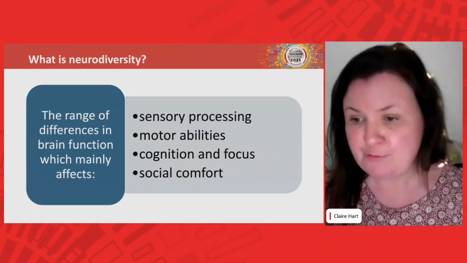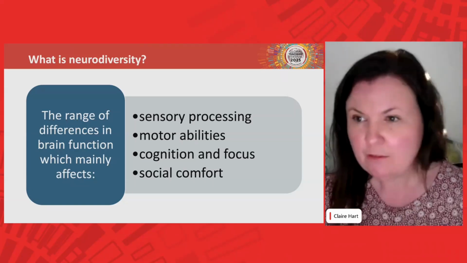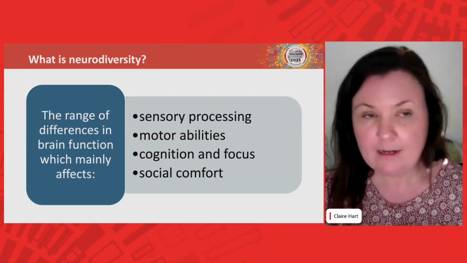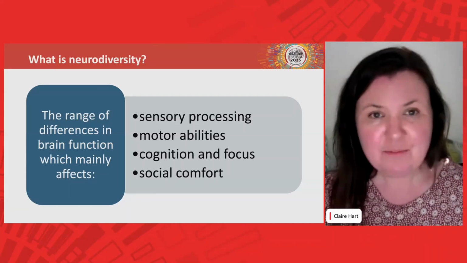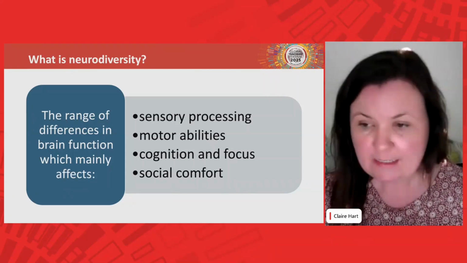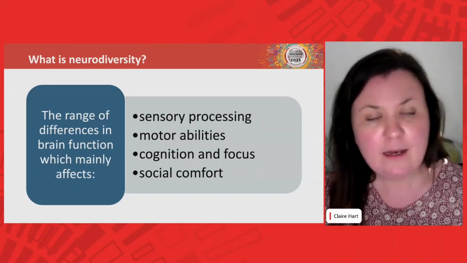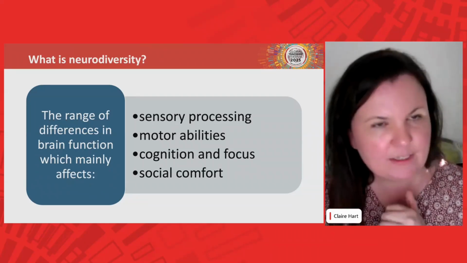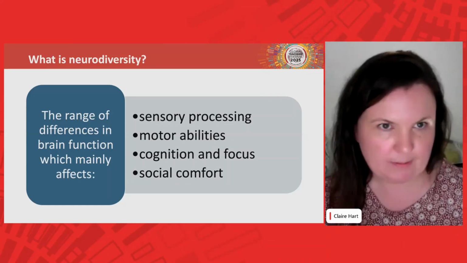What is neurodiversity? It's probably a word that you've heard often, but you may not be sure exactly what it is. In some ways, it's become fashionable lately. You may have heard people talking about it on social media or in the news or just from colleagues. The neuro comes from neurological, connected to the brain, and diversity means a range of differences.